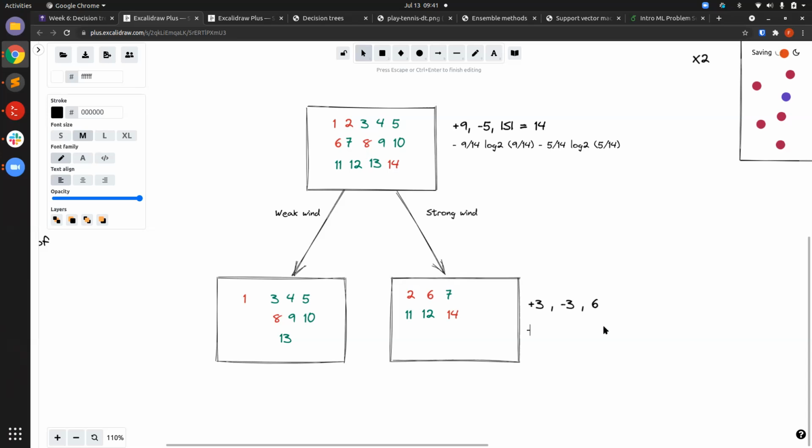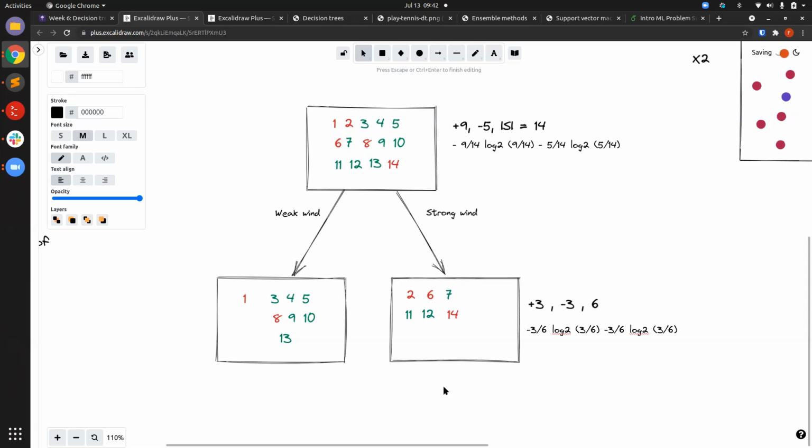So I'm going to compute minus 3 over 6 log 2 of 3 over 6, minus 3 over 6 log 2 of 3 over 6.